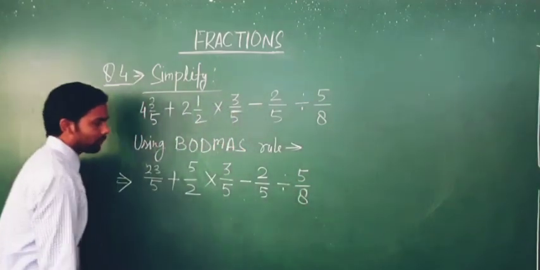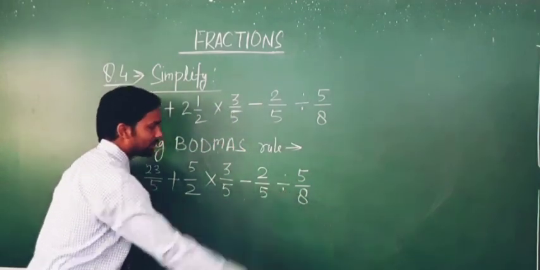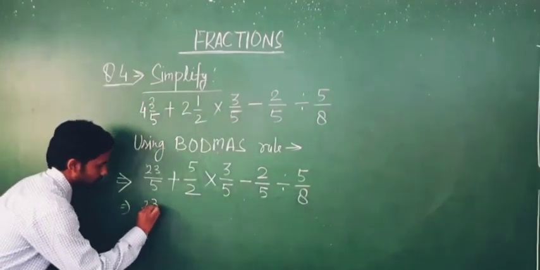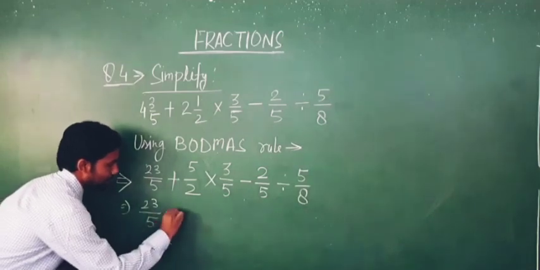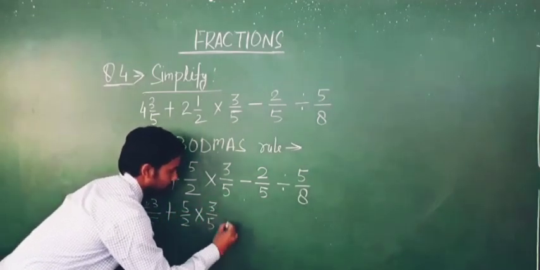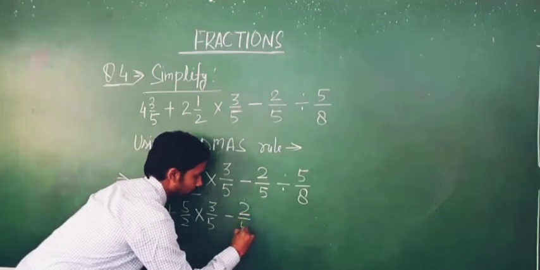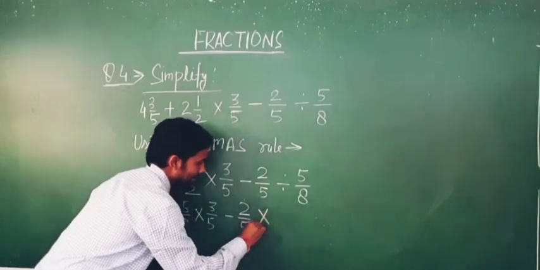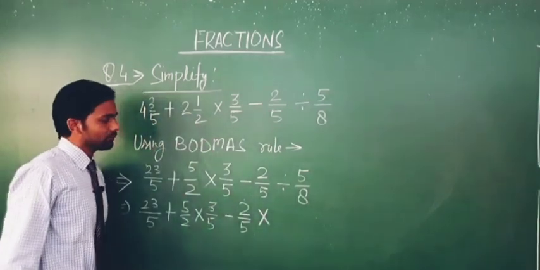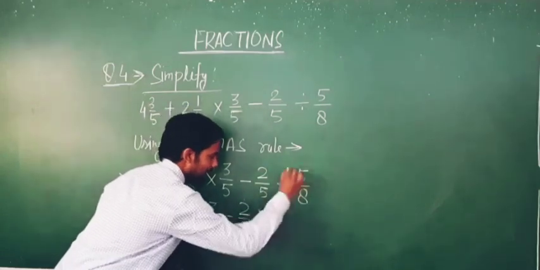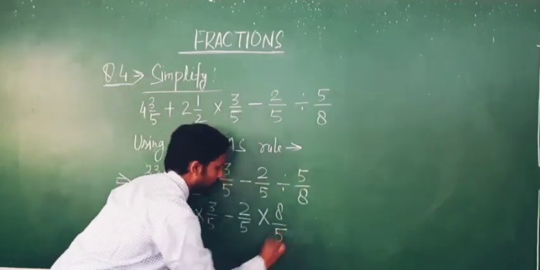Okay, according to the BODMAS rule, first we remove the sign of divide. We replace the divide sign by the sign of multiply. Then the fraction is reversed, 8 upon 5.